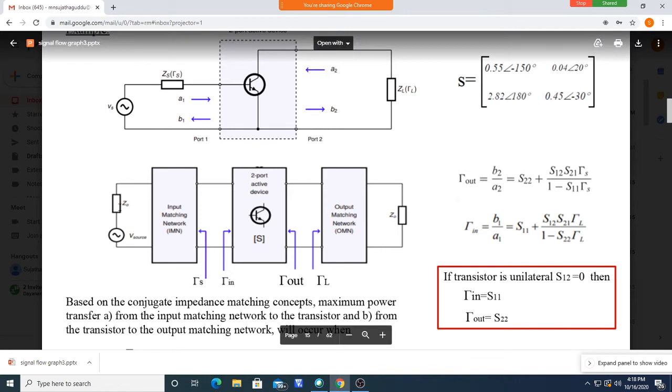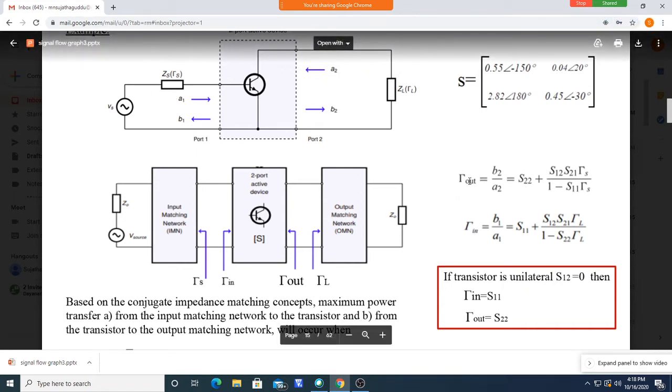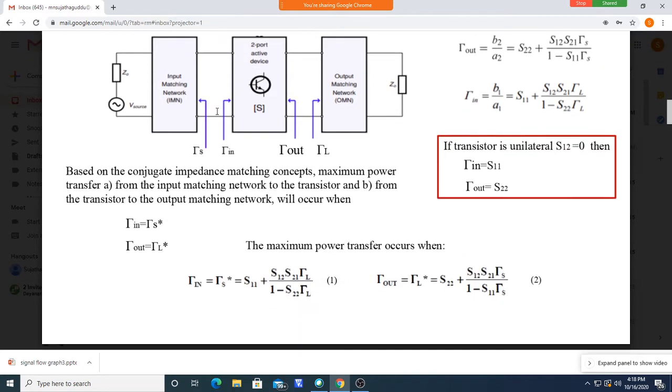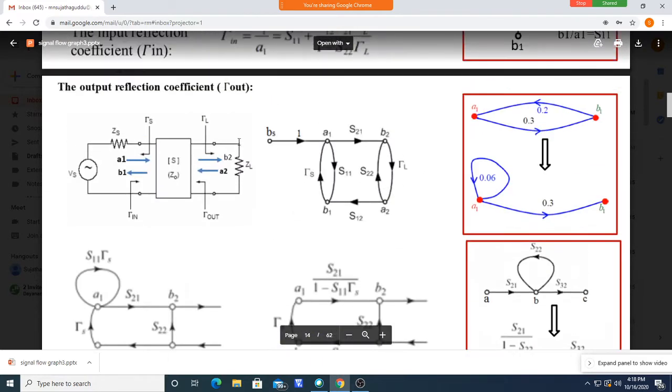Now you see here ZS is there. Zin you calculated takes some value, similarly we calculated Zout, and load impedance ZL is there. In the previous class I was telling about that.